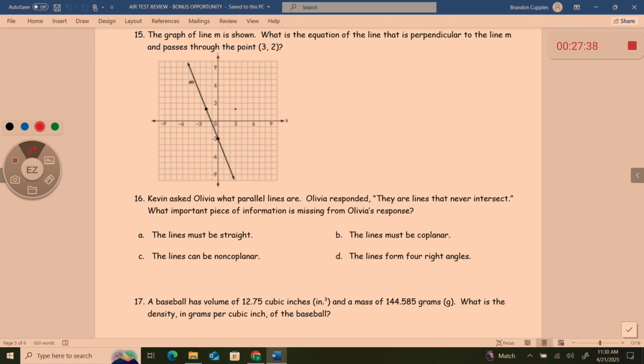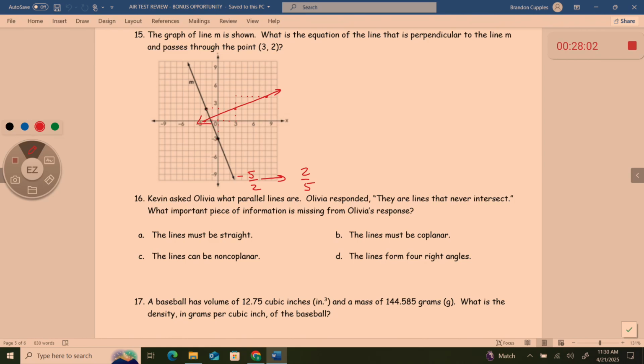So this is a negative 5 over 2. Okay, the perpendicular to that would be 2/5. So you could go up 1, 2, 1, 2, 3, 4, 5. Okay, but the sad part is it doesn't tell me exactly where it's crossing the y-intercept. It looks like a 1 right here, but I should probably double check.